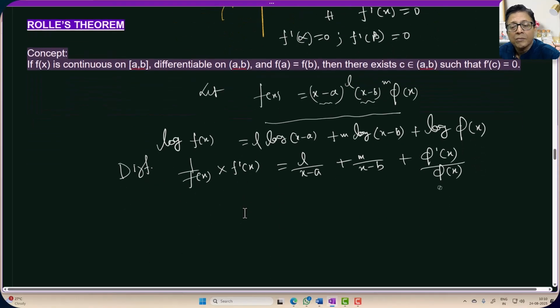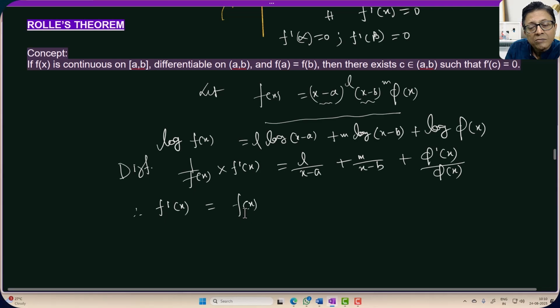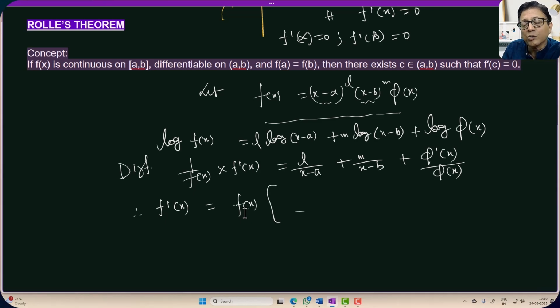Okay, so f dash x is going to be what? That fx into, take the LCM here, that is x minus a, x minus b into phi x.